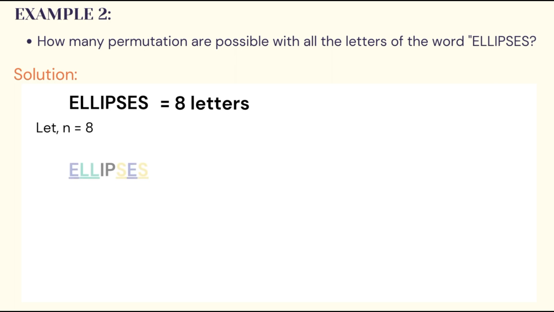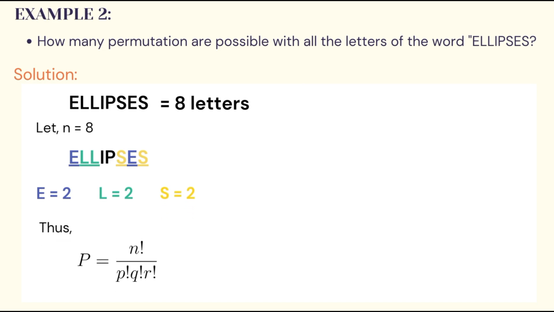In the word ellipsis, we have 2 E's, 2 L's, and 2 S's. Using the formula for the distinguishable permutation, P equals n factorial all over p factorial q factorial r factorial.